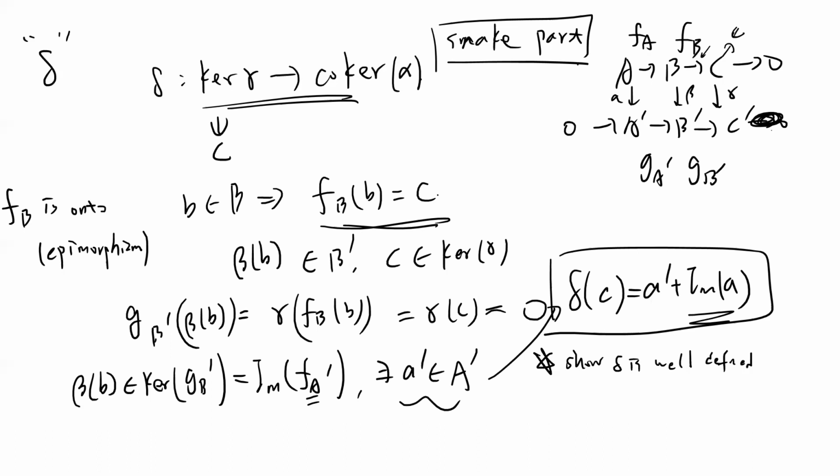Okay, so now let's go to the proof. We already have kernel alpha, kernel beta, kernel gamma, and the connecting homomorphism.